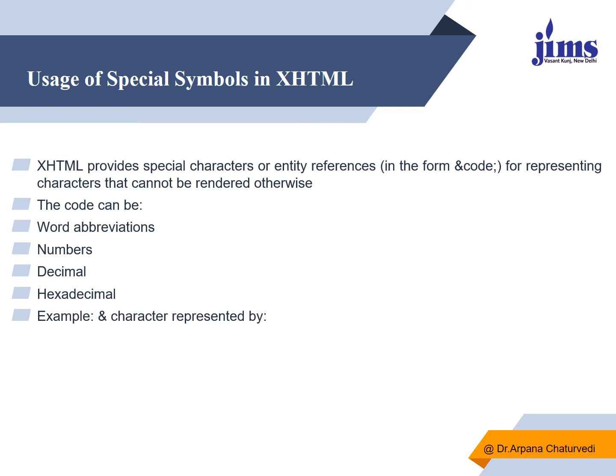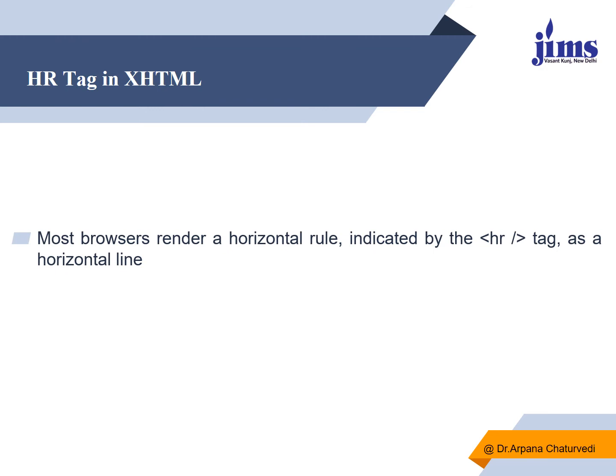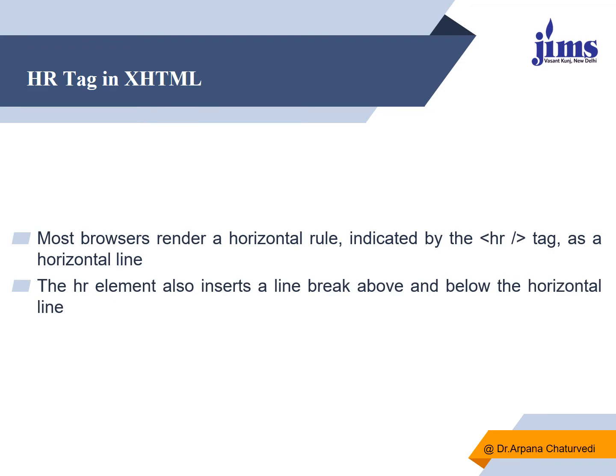For example, ampersand AMP will represent ampersand, for decimal ampersand #38, and for hexadecimal. How we'll be using it, you can see over here. Most browsers render a horizontal rule also, using the HR tag. HR is an empty tag, that's why it should have a closing tag also.